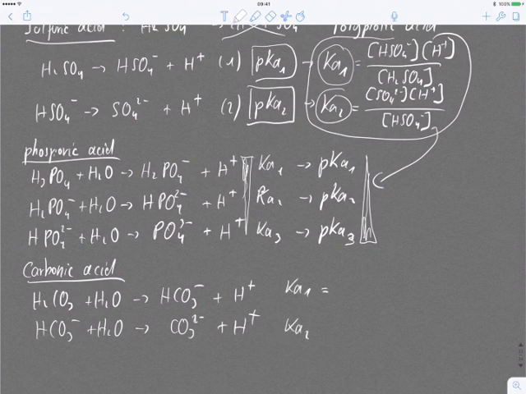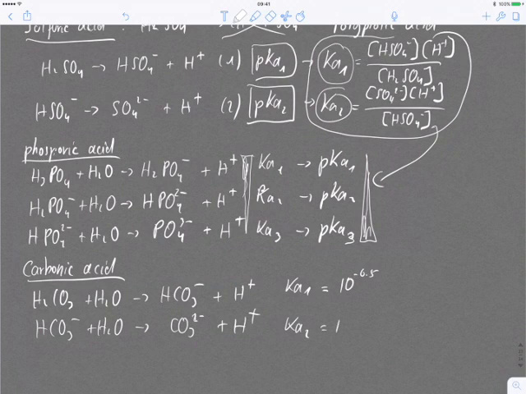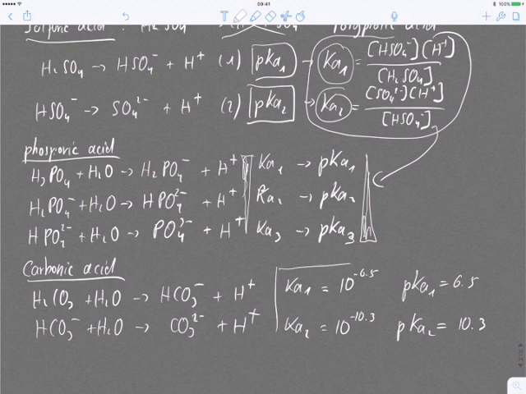Just to give you an example, this is going to be in pure water around 10 to the power of minus 6.5, and this is going to be 10 to the power of minus 10.3. So the pKa1 would equal 6.5 and the pKa2 would equal 10.3. This is an example for the carbonate system. We'll talk about that a bit later.